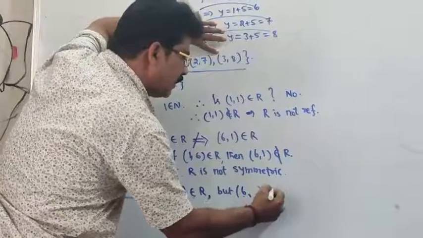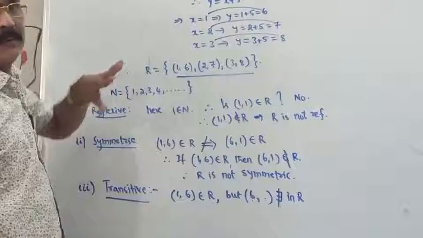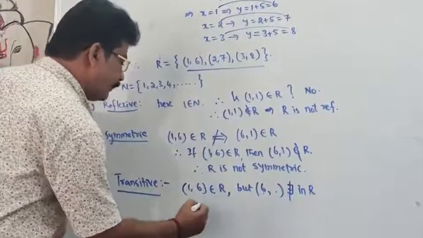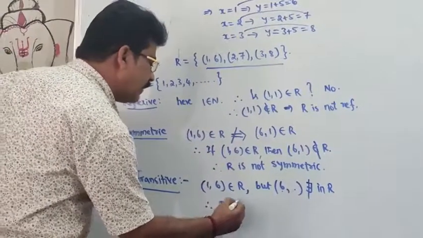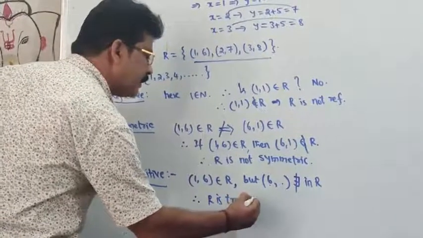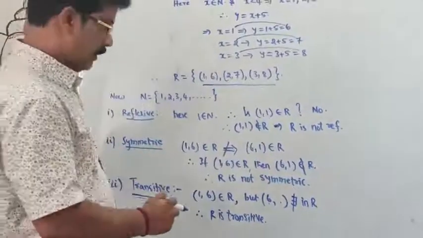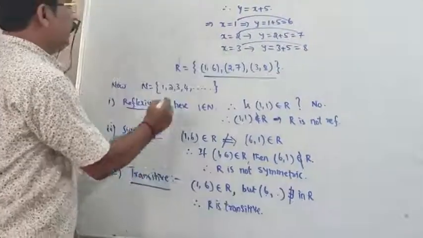It does not exist in capital R. Therefore, R is transitive.